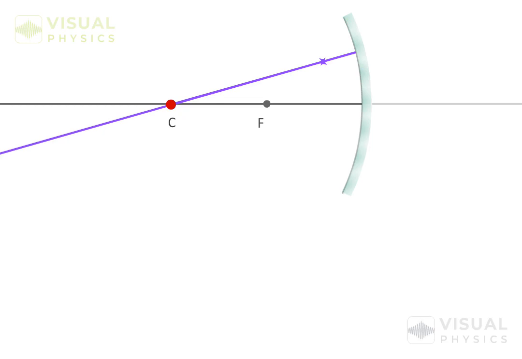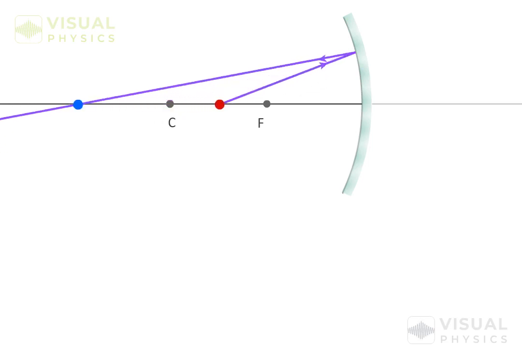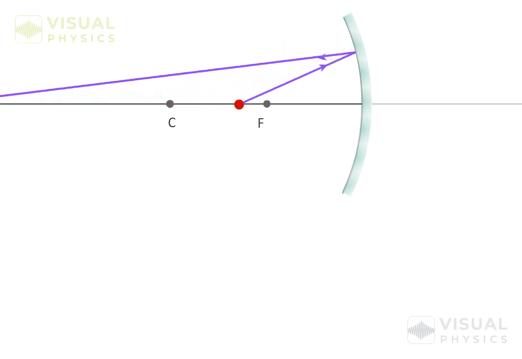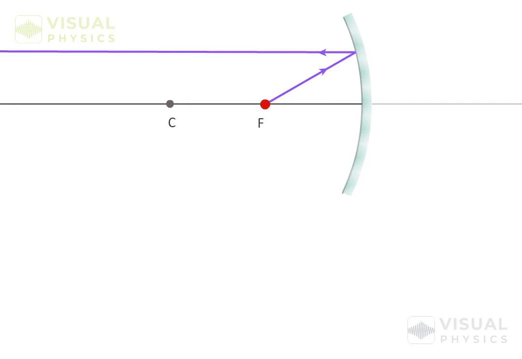Now, if the object moves towards the focus, then the incident ray goes on the other side of the normal, and thus reflected ray comes on this side. And when the object reaches focus, then the reflected ray becomes parallel to the principal axis, and thus the image is formed at infinity.